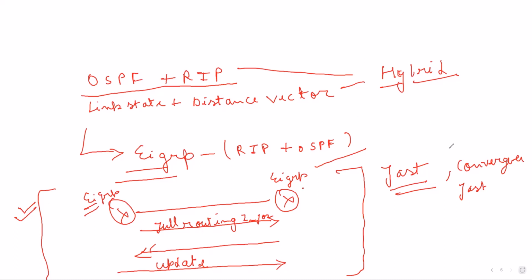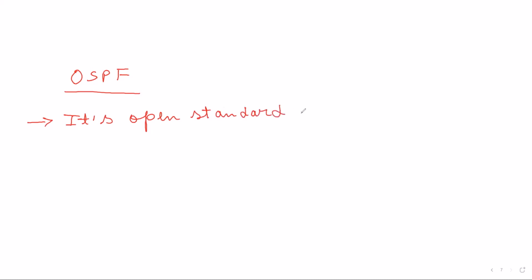Now I am going to my topic, OSPF. OSPF full form I already wrote. It's an open standard protocol. Open standard means, I already told you, any vendor can use this protocol.